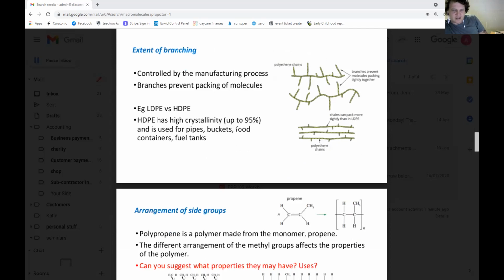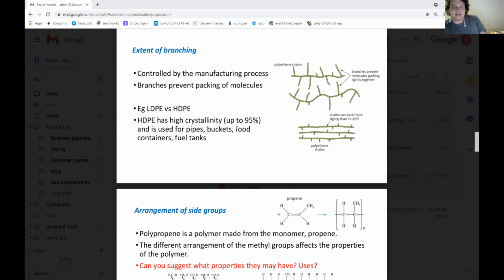It's not just the extent of the branching, but it's how we can actually control the branching. So now we can use propene and make polypropylene. We can actually control the way the branches form and the regularity at which they form.